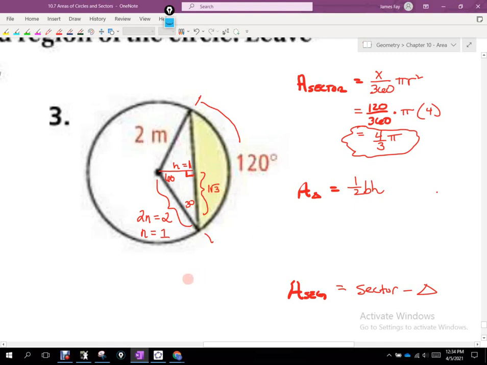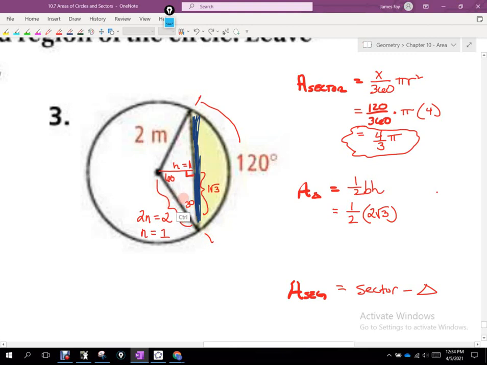1 radical 3. Okay? So in trying to find the area of my triangle, I can go 1/2 base. What do you want your base to be? 2 radical 3? If I go 2 radical 3, that's going to be that base right there, correct? Okay? And that's the triangle I want to find the area for.